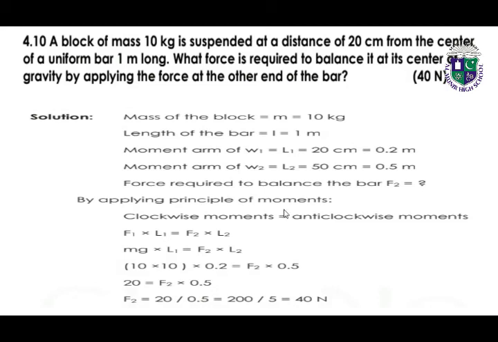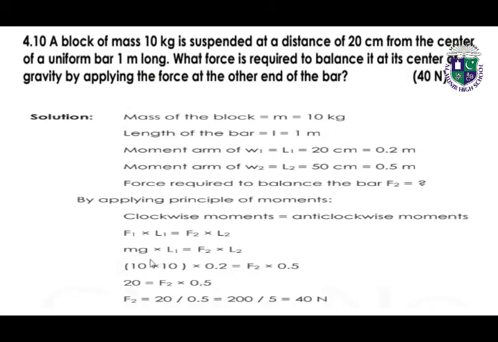By applying principle of moments, clockwise moments and anti-clockwise moments, F1 into L1 is the clockwise moment. Anti-clockwise moment is F2 into L2. So the formula is mg into L1 equals F2 into L2.